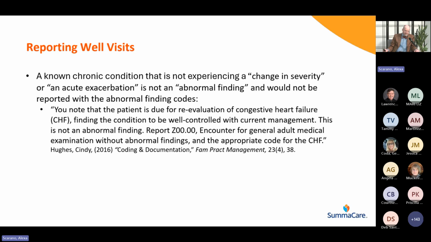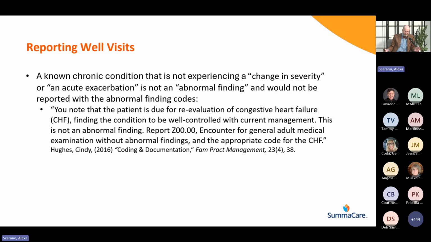Similarly, in addition to the example that you have here, if you think about a patient with diabetes, they already have an abnormal blood sugar. They're going to have an abnormal A1C. If the values are essentially at the patient's baseline and they're not experiencing an acute exacerbation, they're not experiencing a change in severity, that should not be reported with an abnormal finding code.